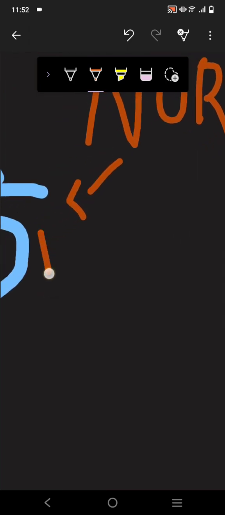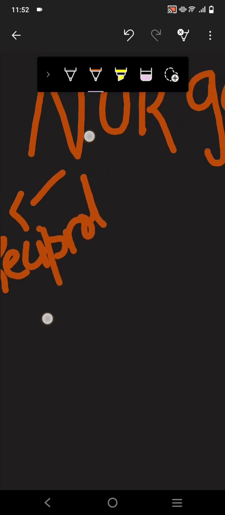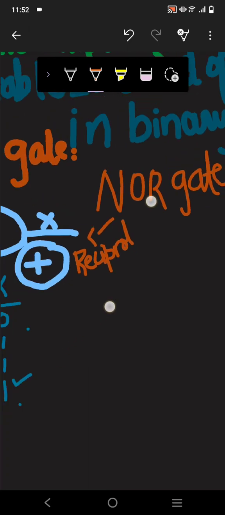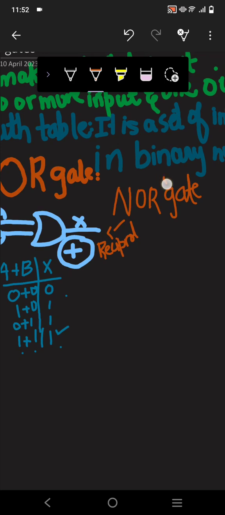By the representation, by the N in NOR, you can identify that it is the reciprocal. In every situation you will recognize N for reciprocal. So this is completely the reciprocal of the OR gate, or the OR gate is the reciprocal of the NOR gate.